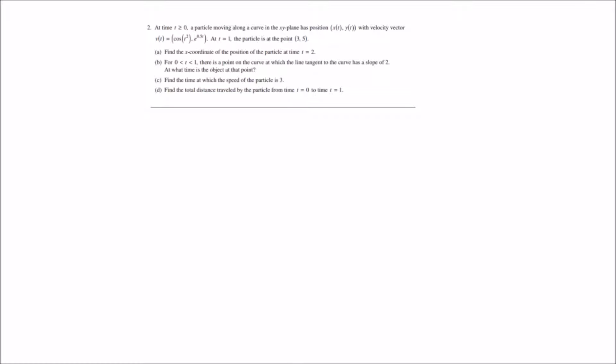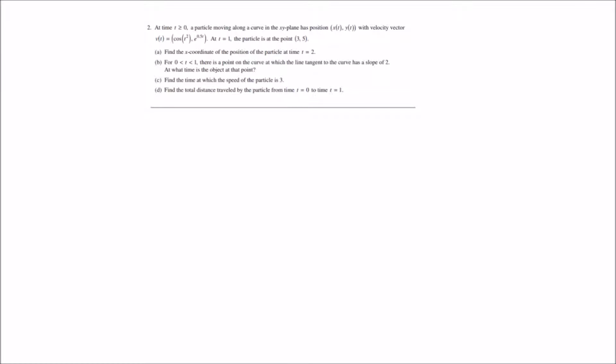A, find the x-coordinate of the position at time t equals 2. B, for 0 less than t less than 1, there is a point on the curve at which the line tangent to the curve has a slope of 2, and so on. C, find the time at which the speed of the particle is 3. And D, find the total distance traveled by the particle.